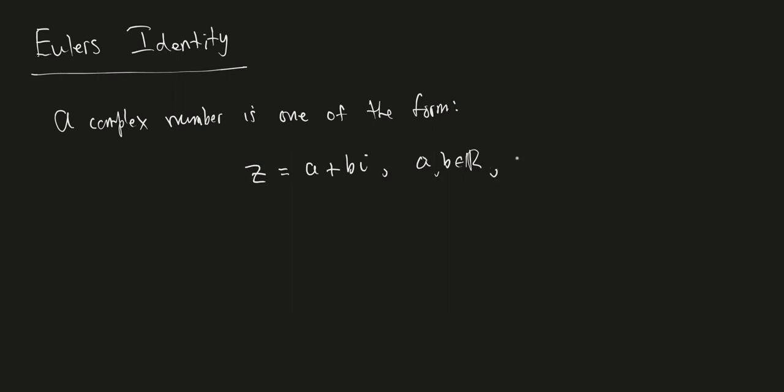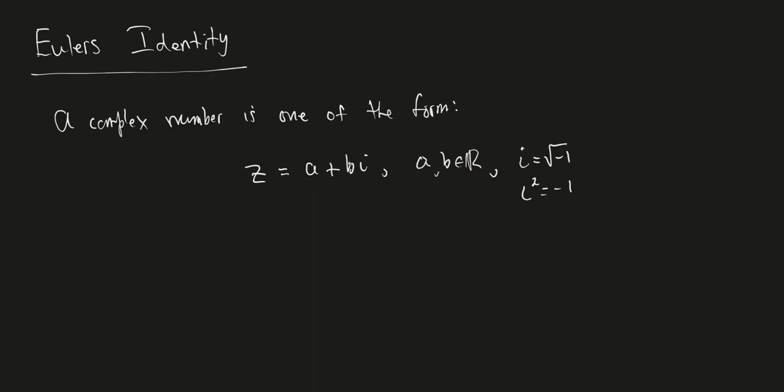And what is i? There are two ways you could define i. You could say that i is the square root of -1. Or you could say that i squared is equal to -1, right? So a complex number is a number that has two terms, right? The first term is just a real number.